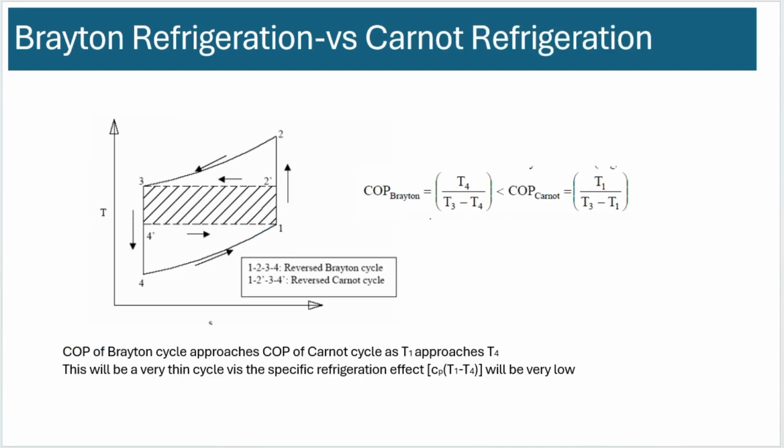All right. So how does it compare to Carnot refrigeration? If you look at this particular chart here, the rectangular region is the Carnot cycle. So the Carnot cycle has isothermal heat transfer and the Brayton cycle has isobaric.